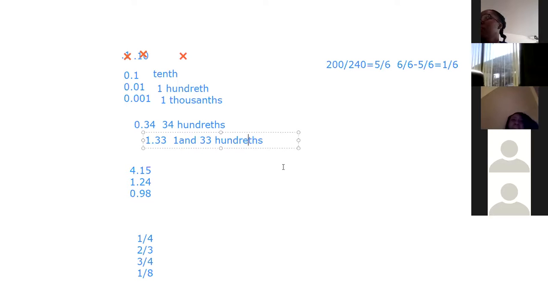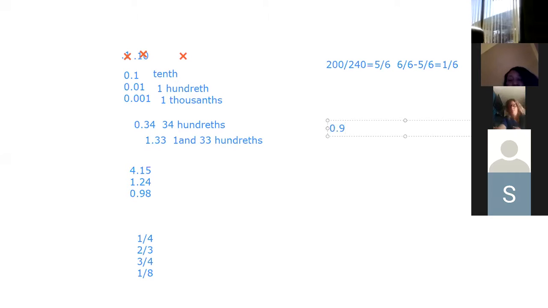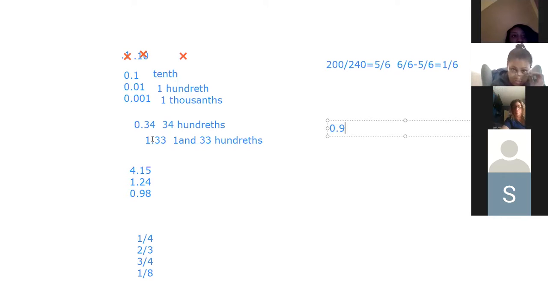What would it be if it was 0.9? 9/10. Very good. So you just go to whatever place value you are at. Say it's this number plus whatever the place value is. If there's a whole number, we say the whole number and the place value. Okay?